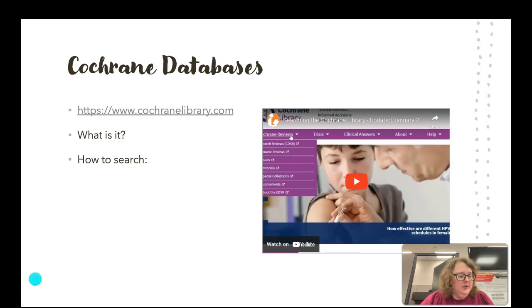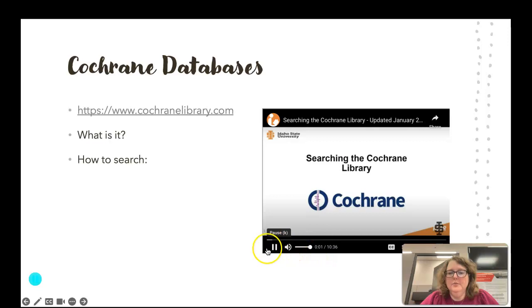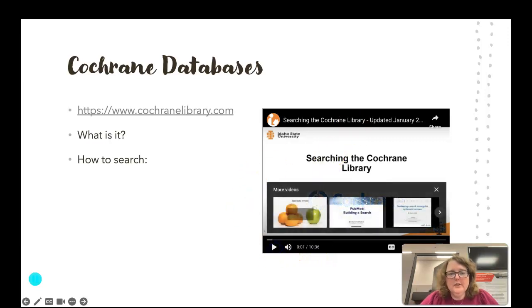It hosts a register of controlled trials and also provides answers to guide clinical decision making. There's a video also linked here on how to search, but it does use Boolean searching, just like PubMed.